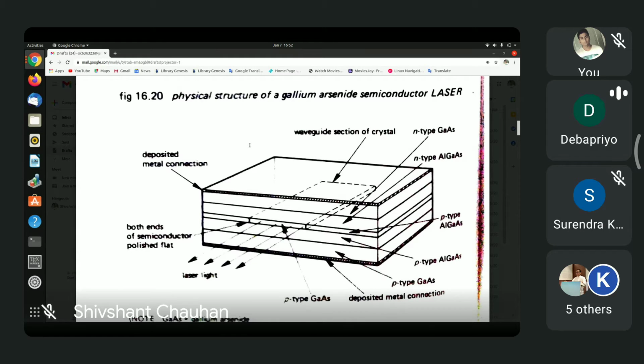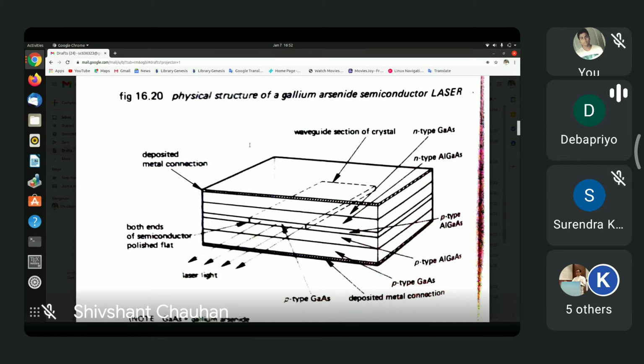So that is how the quantum well laser acts, and the lasers that we usually find in our labs, in our pointers and so on, are basically lasers of this type, the quantum well lasers.